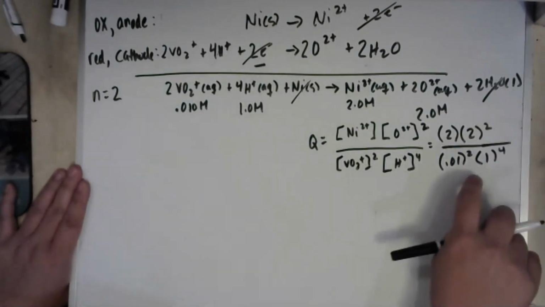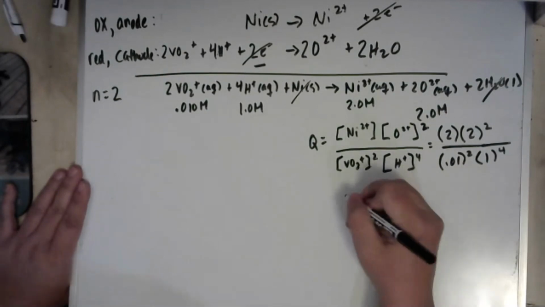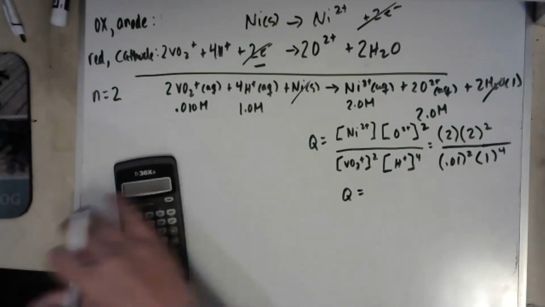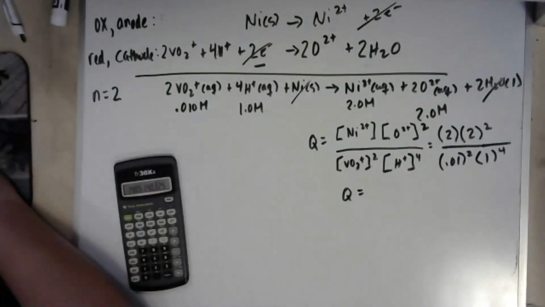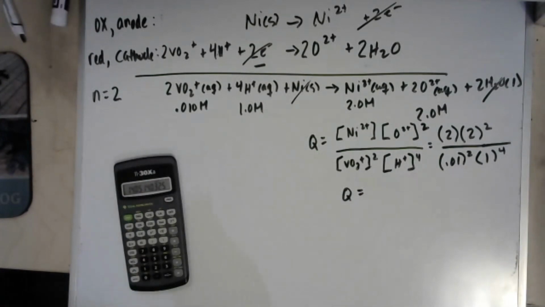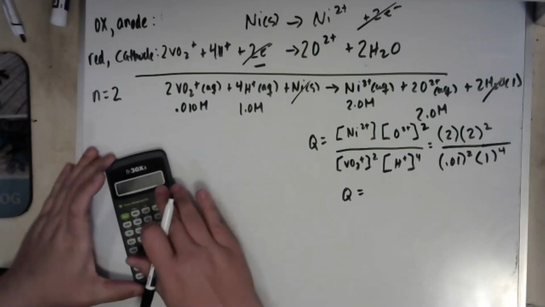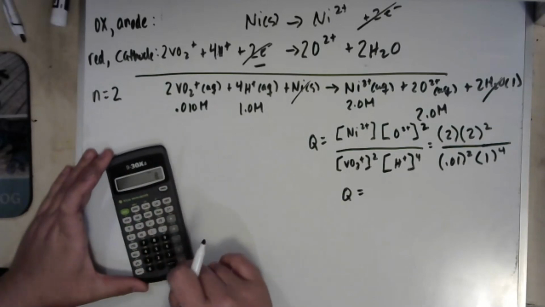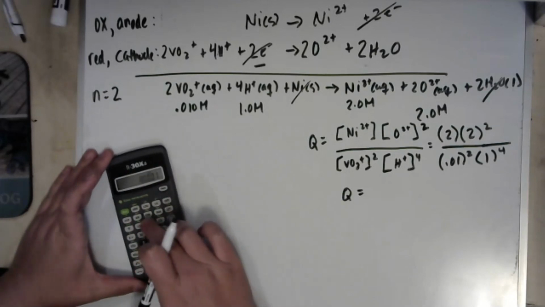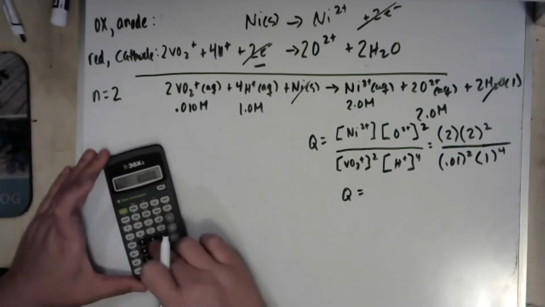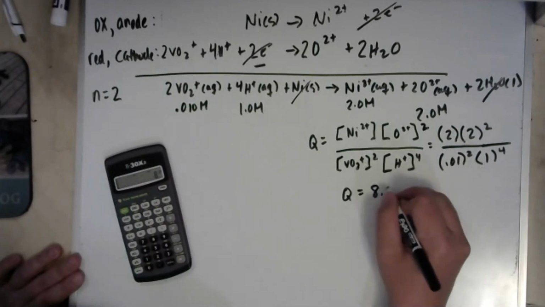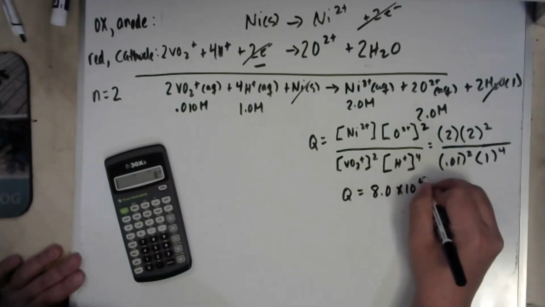Go back and fix your sig figs when you're done with this. I'm just running out of room here. So 2 squared times 2 equals... Okay, so we end up with a Q value of 8.0 times 10 to the positive 4.